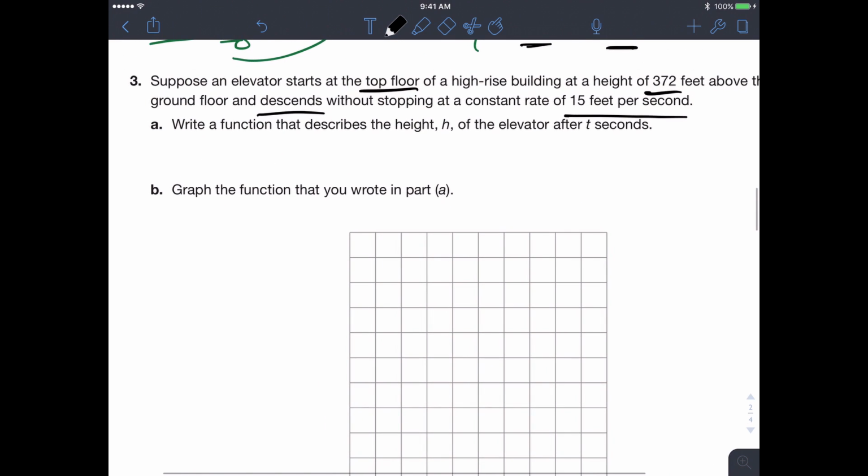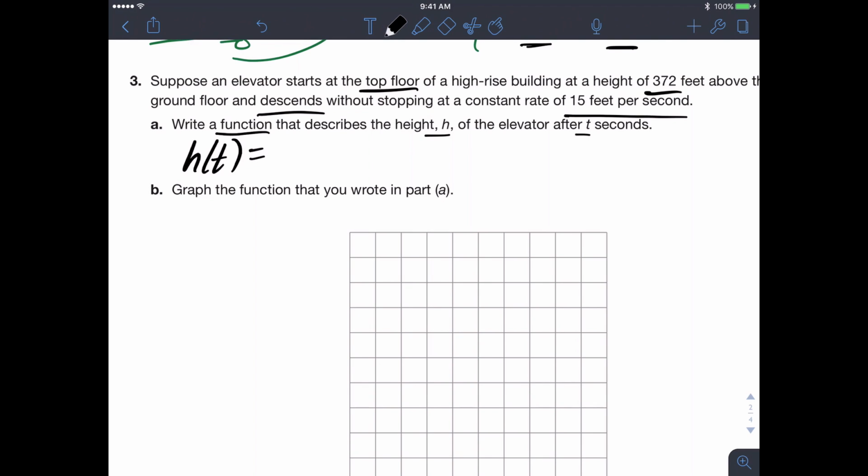So, let's see. Remember I said write a function that was the f of x, f of t in our case. So this says that describes the height h of the elevator after t seconds. So I'm going to go ahead and do h of t. This way we covered the h and we covered the t.